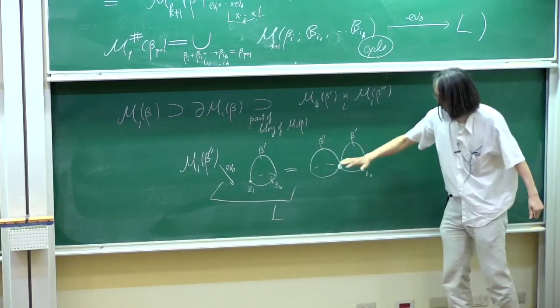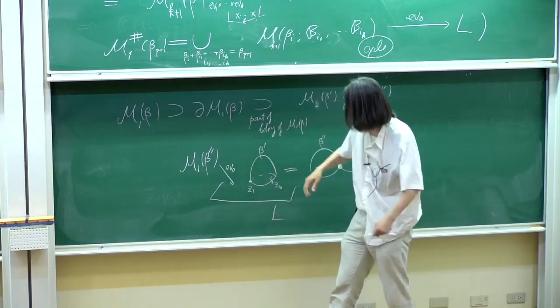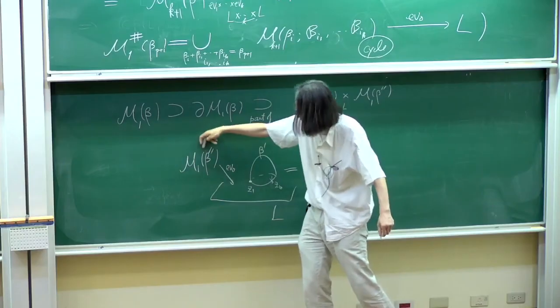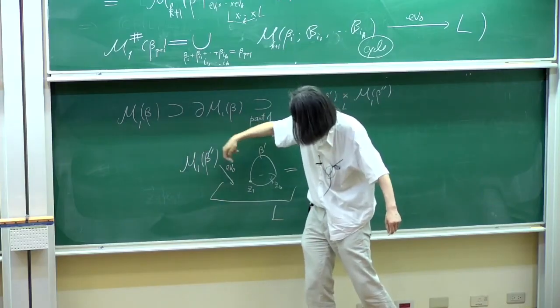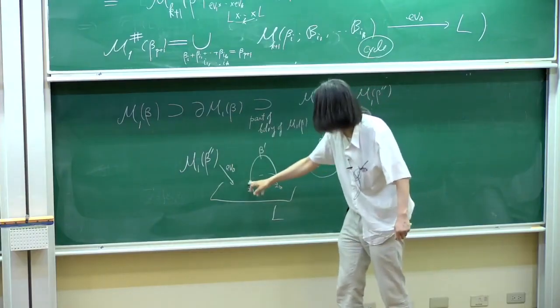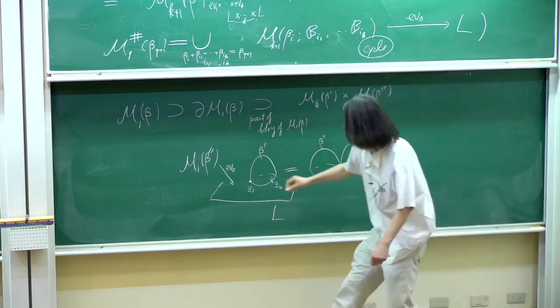And this one is exactly the pair of the beta prime disk and the element here, so that the image of this element by the evaluation map actually coincides with the evaluation at point Z, right?